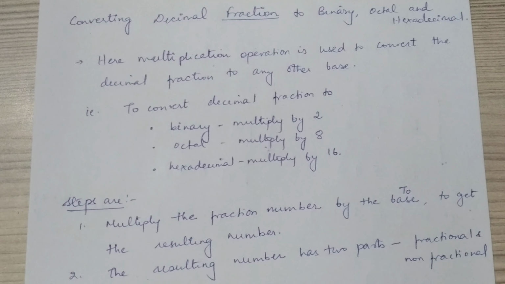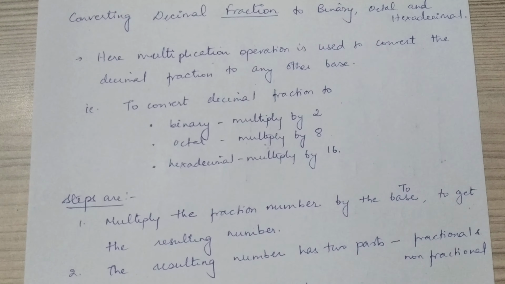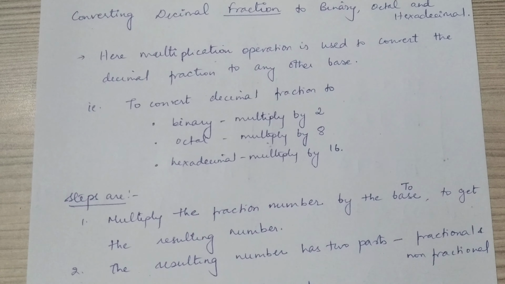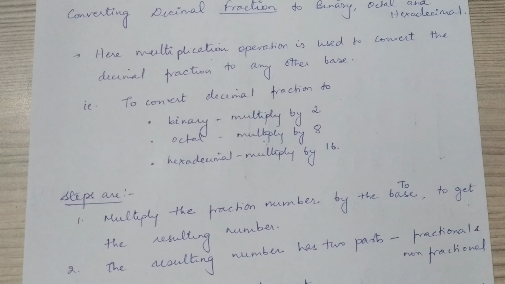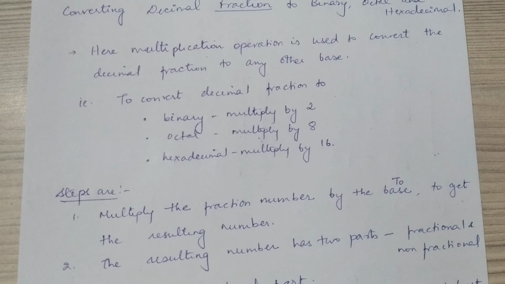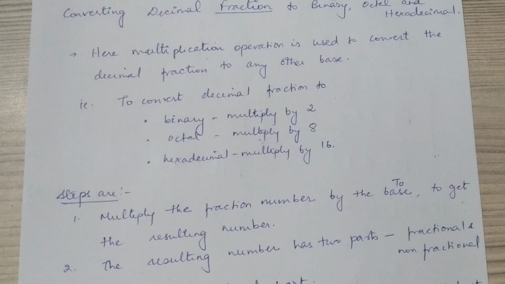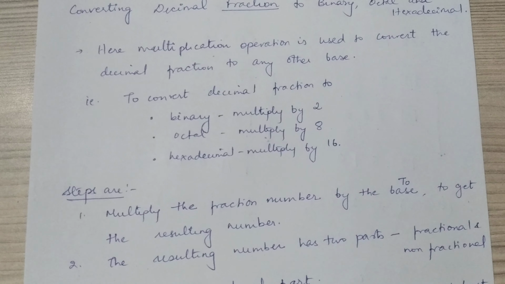Now here, in the last video for converting the integer based decimal number we used the division operation. For converting a fraction we use the multiplication operation to convert the decimal fraction to any other base.